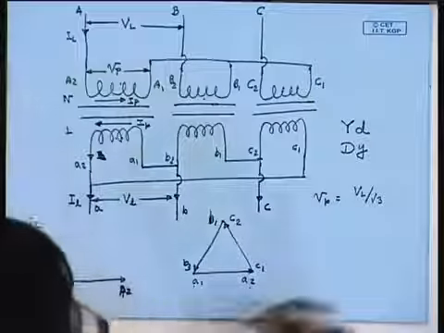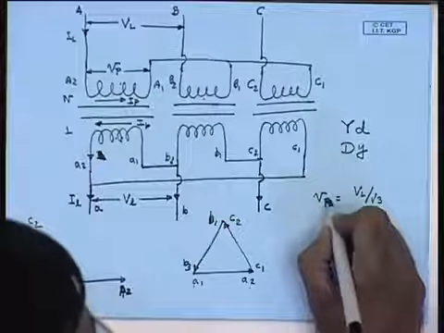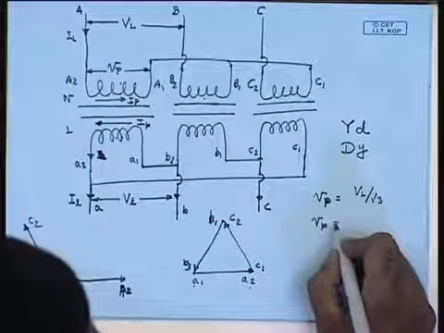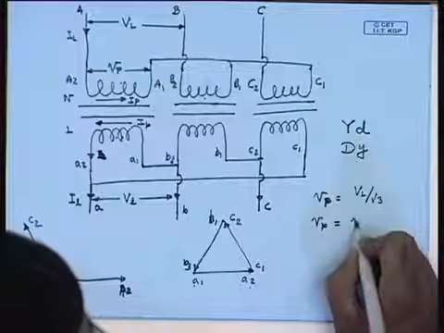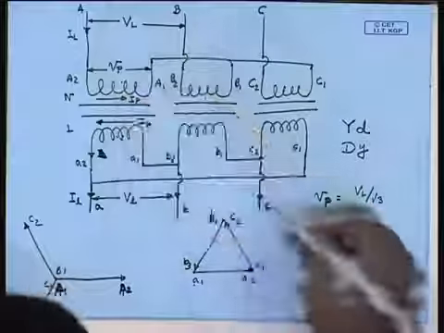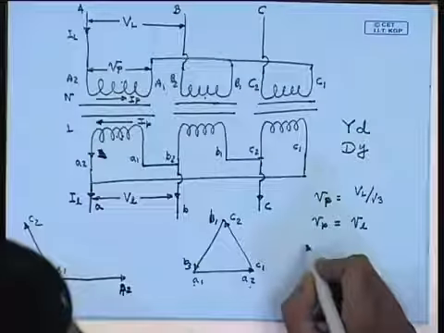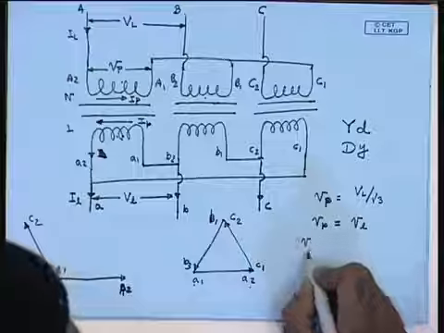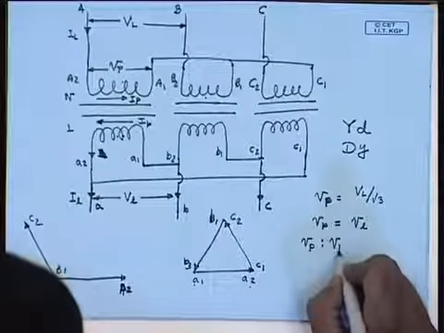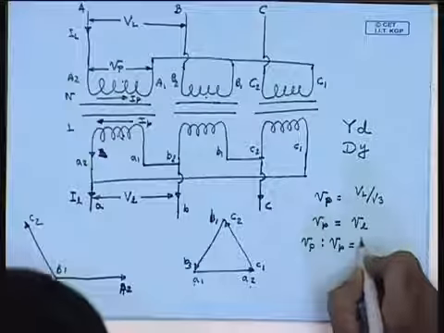On the other hand, on the low voltage side the phase voltage Vp equals the line voltage Vl. But from the transformer relation, V capital P is to V small p is equal to n:1.